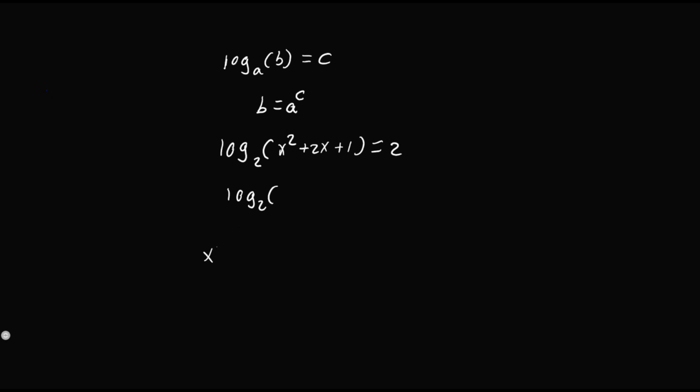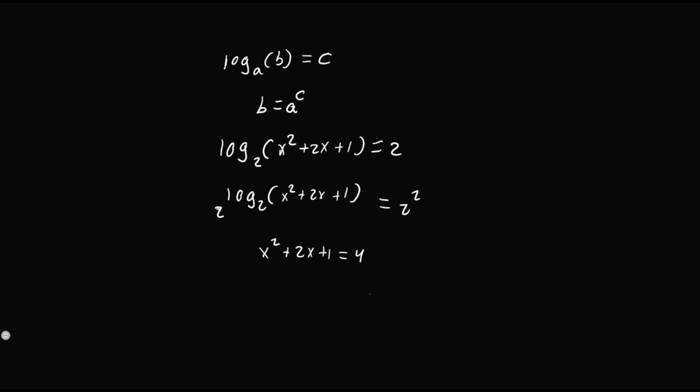But before we solve a quadratic like this, since we have it inside the log, we always want to exponentiate by 2, where we will be left with 2 to the power of log base 2 of x squared plus 2x plus 1 is equal to 2 to the power of 2, which just gives us x squared plus 2x plus 1 is equal to 4.